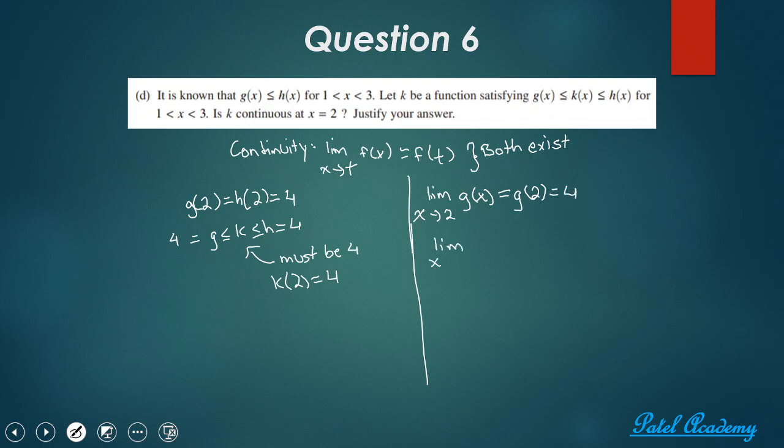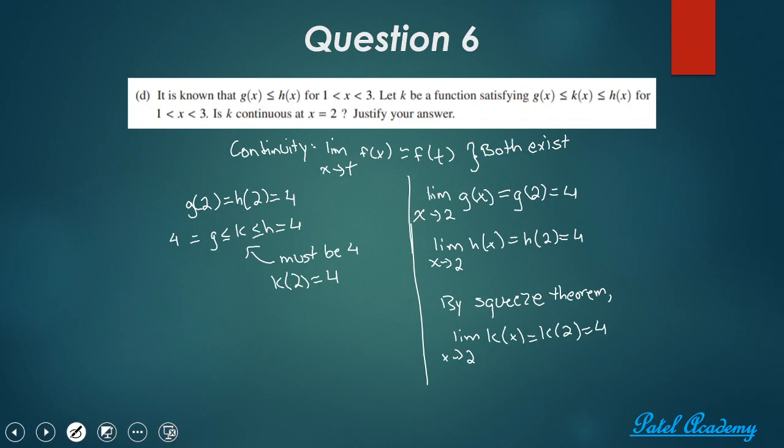Similarly, as we proved in the last part of the question, the limit of h at x as x approaches 2 is just h at 2, which is equal to 4. And by the squeeze theorem, the limit as x approaches 2 of k at x must also be 4. And in this case, I just wrote it in that it's equal to k at 2.